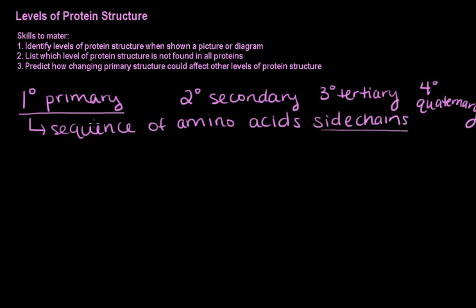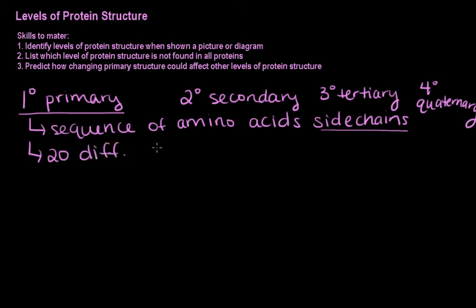Like your DNA sequence makes you you, the sequence of the protein is what makes the protein the protein, and this is how it's able to function. Remember from previous lectures, there are 20 different amino acids.